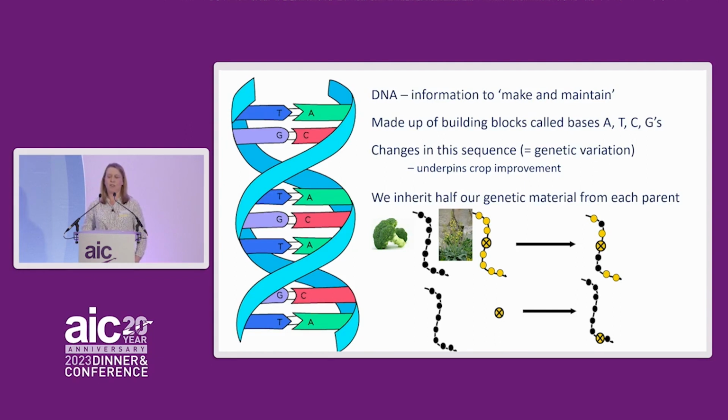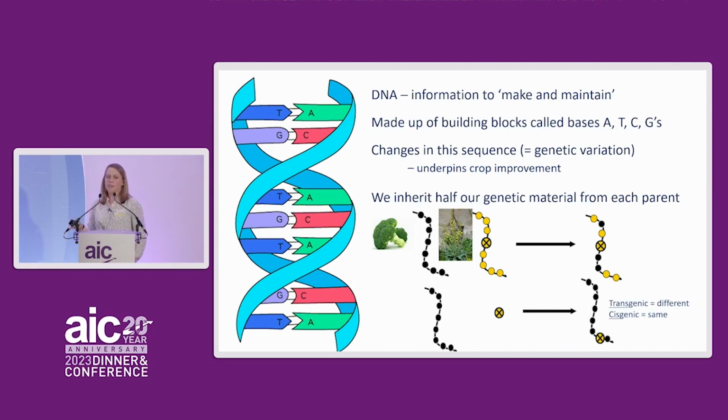So I could take a disease resistance gene from wheat and introduce it into broccoli. But I could also take a gene from a completely unrelated species, like a bacterium. Most of the first generation GM crops that are out there, the herbicide tolerance and the insect resistance, contain genes from bacteria which confer these traits.